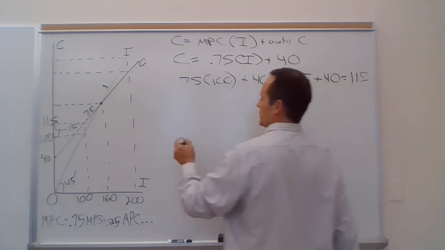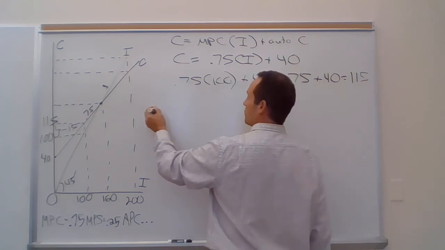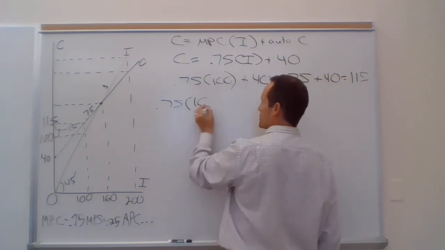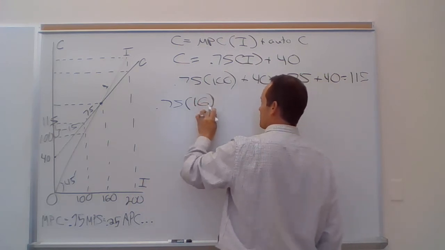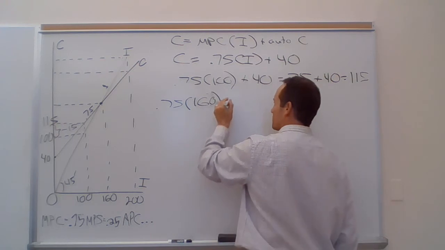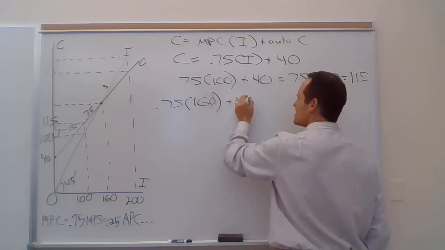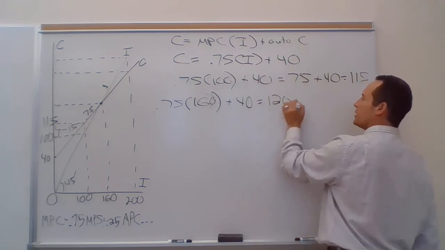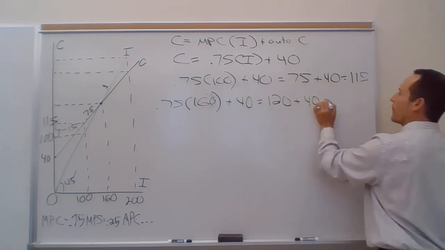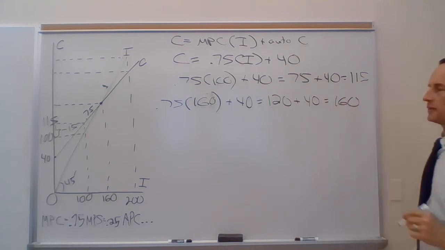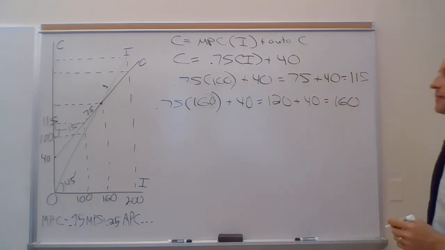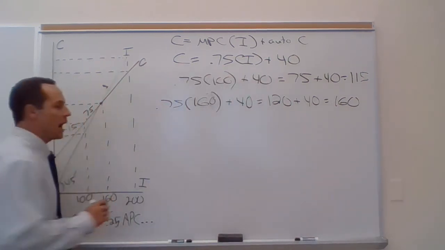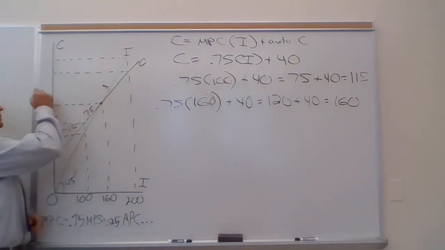Short-run equilibrium: 0.75 of 160 equals 120, plus 40, and that equals 160. So when our income is 160, our consumption is 160.